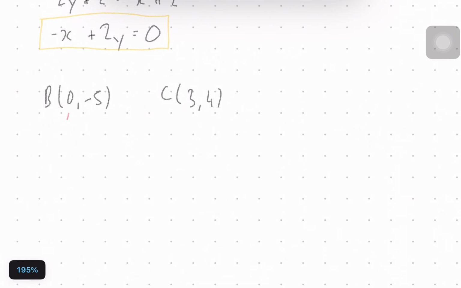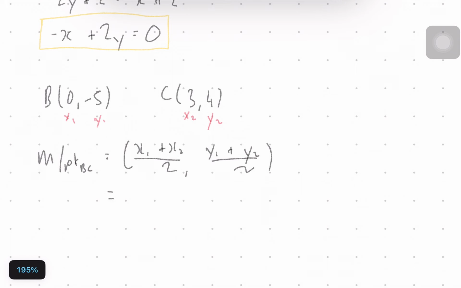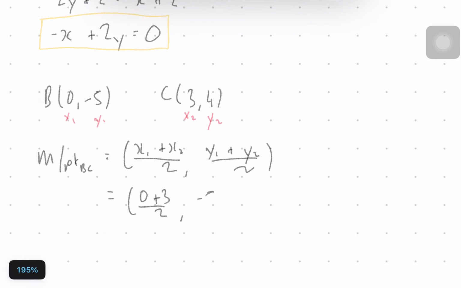Midpoint of BC is again x1 plus x2 over 2, y1 plus y2 over 2. x1 plus x2 is 0 plus 3 over 2. y1 plus y2 is minus 5 plus 4 over 2. 0 plus 3 over 2 is 3 over 2, which is 1.5.